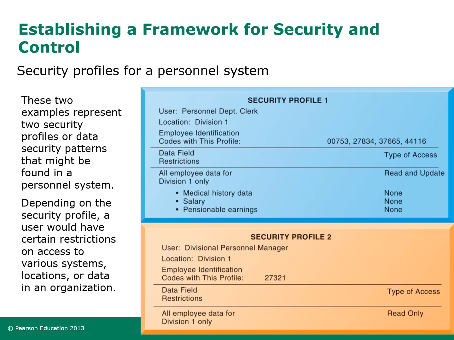Both users are defined with location, identifications, and data fields and type of accesses. So read and update, or read only, or none, all kinds of accesses on data are already defined here.